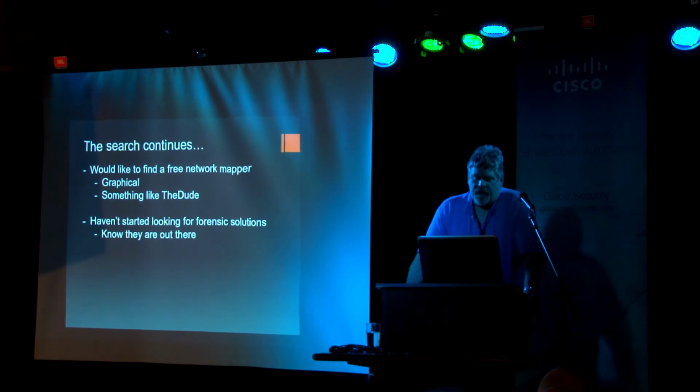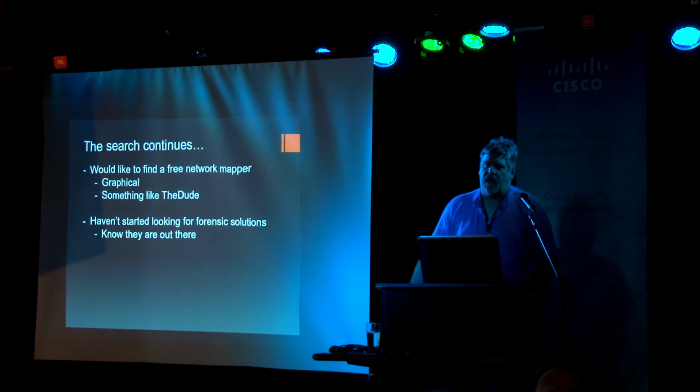I'd like to find a free network mapper that's graphical, something similar to the Dude. I don't know, has anybody heard of the Dude? No. Okay, I'll talk about the Dude. The current version of the Dude is tied to MikroTik hardware. I don't know how to say that.